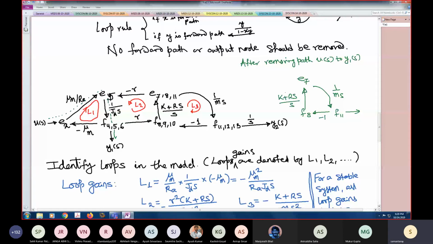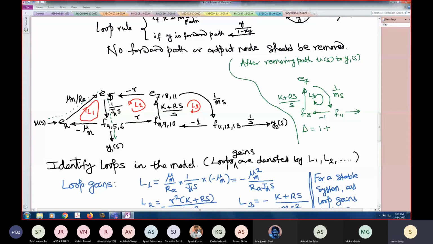What is the determinant of this one? This is my L3. After removing the forward path, delta is basically 1 minus L3.